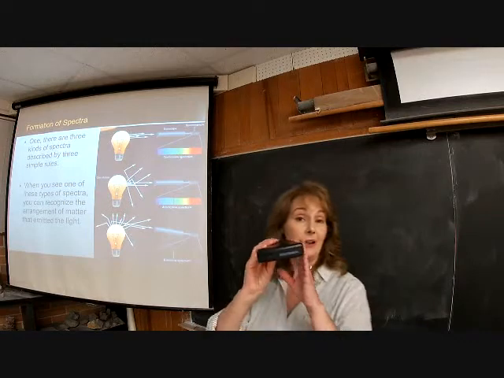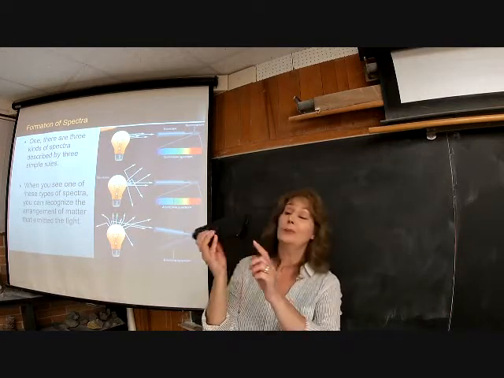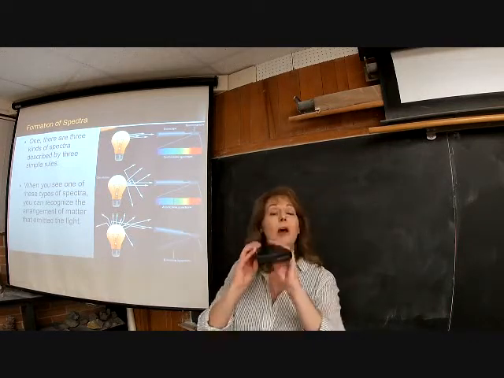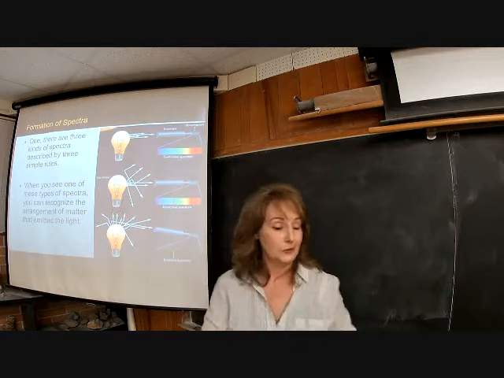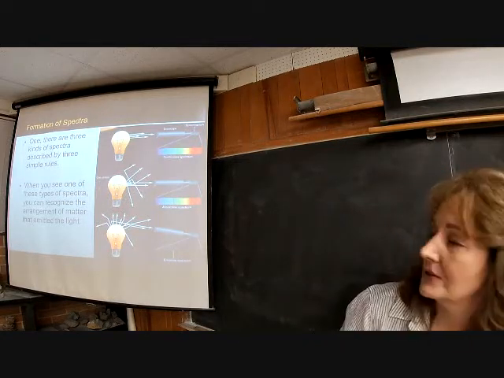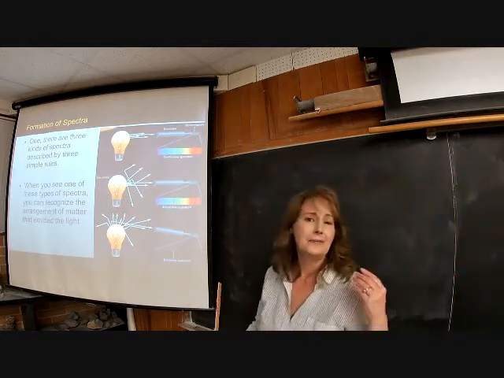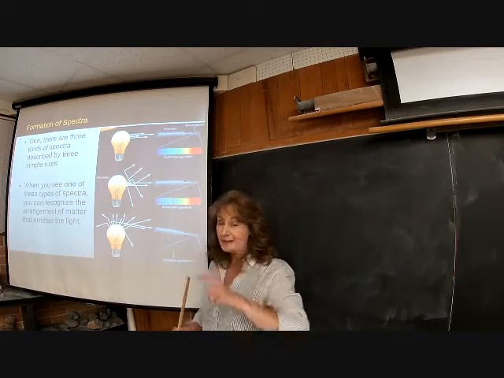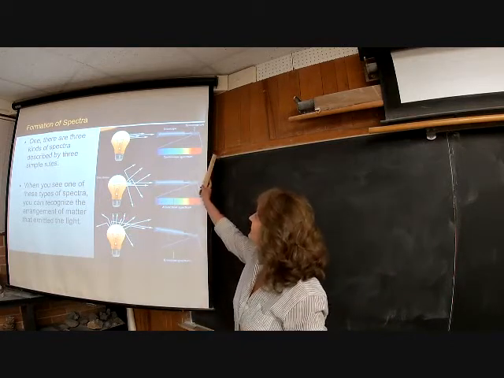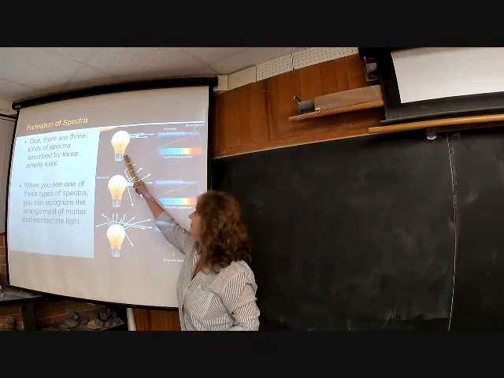If you were to point that at an incandescent light bulb and make sure you got the light in the slit, you would see a continuous spectrum. It was something that I tried to show you last time on my camera, if you remember that. But that would be a continuous spectrum, okay?